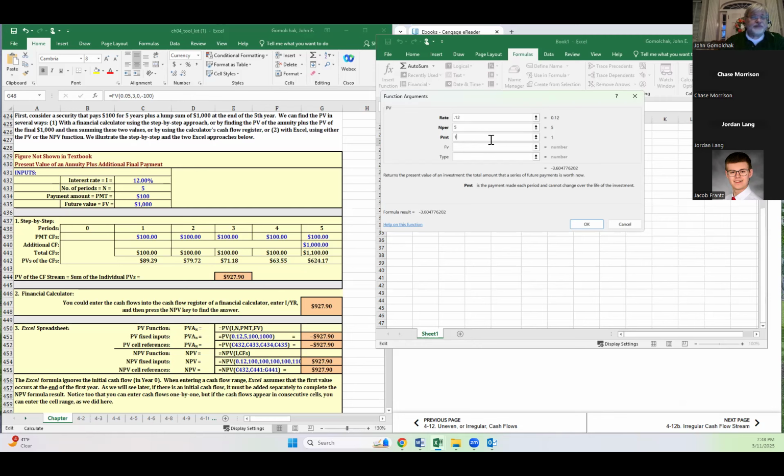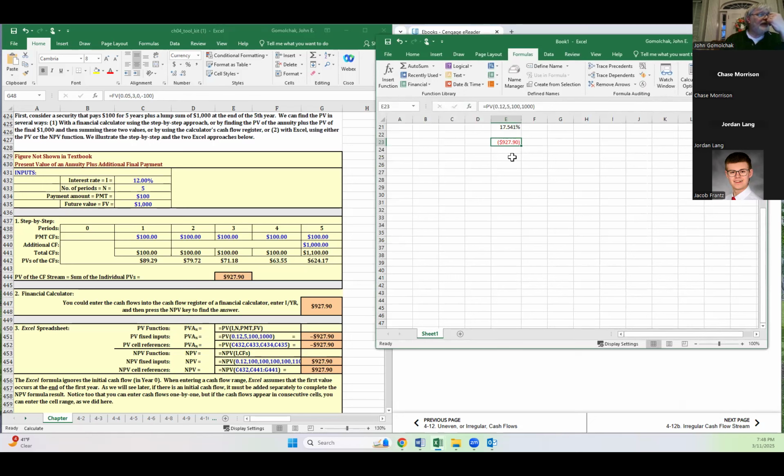Let's leave it positive, just see how that works out. The future value is going to be that additional $1,000 that we receive. So we'll take that $1,000 and type 0 because it's not an annuity due. So we come up with a value of $927.90. It's a negative number because that's what it would cost us to buy this right now.